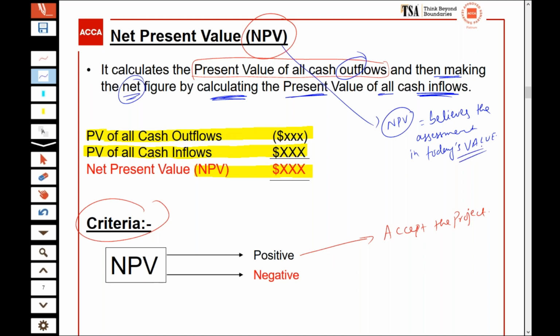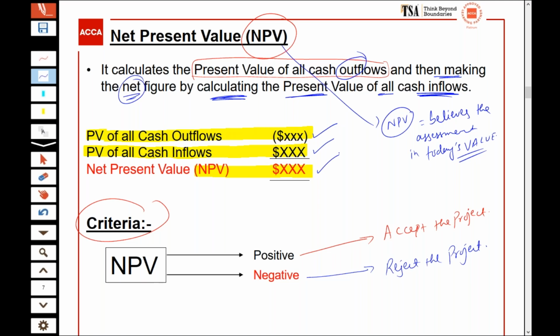This is one of the techniques. If your NPV is negative, you can simply reject the project. If your NPV is positive, accept the project. If your NPV is negative, reject the project. And what you are supposed to do to calculate the net present value is calculate the present value of outflows and the present value of inflows and then the net present value.